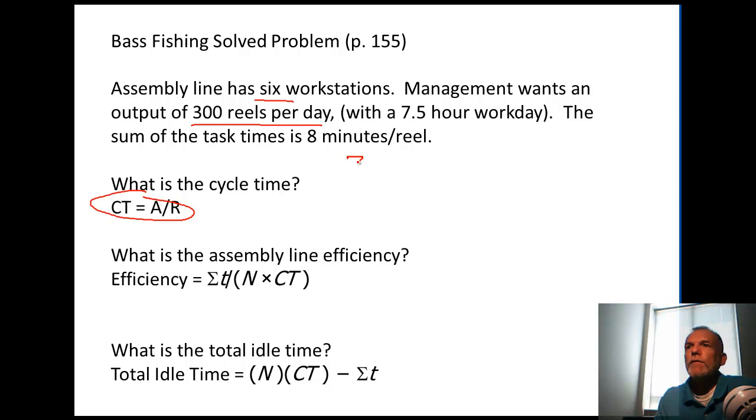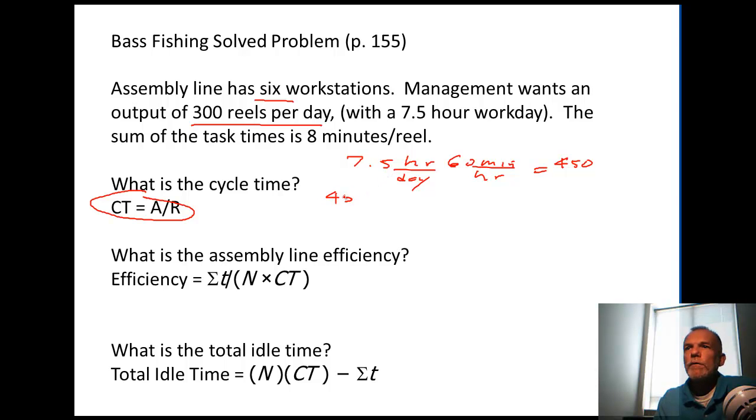So if you have 7.5 hours in a work day, at 60 minutes per hour, that would give us 450 minutes per day, and the output R is already expressed in reels per day.